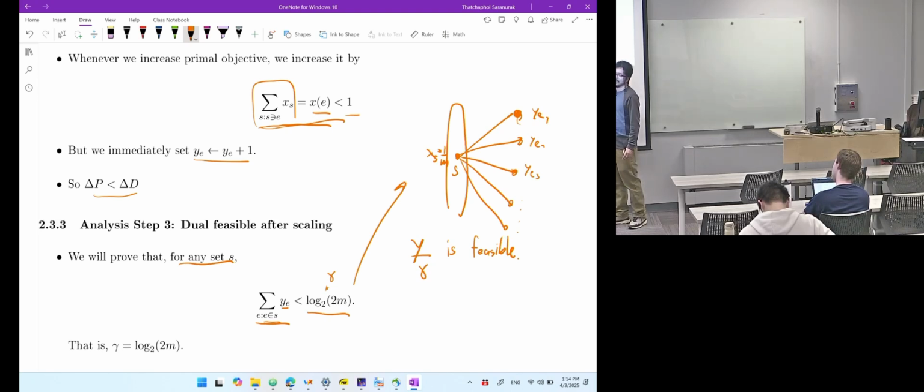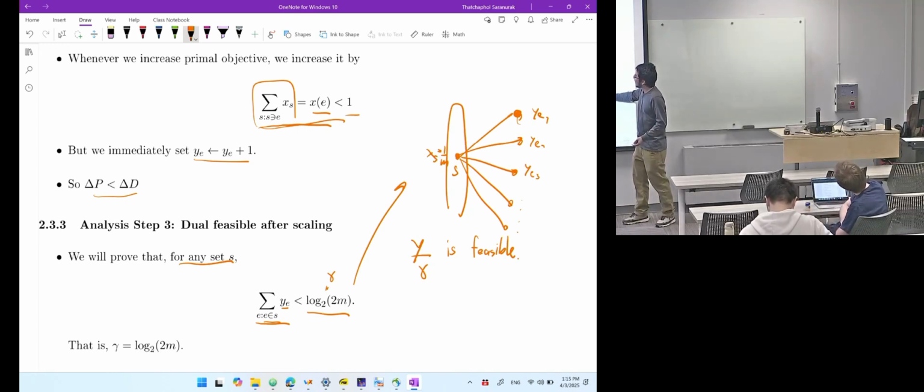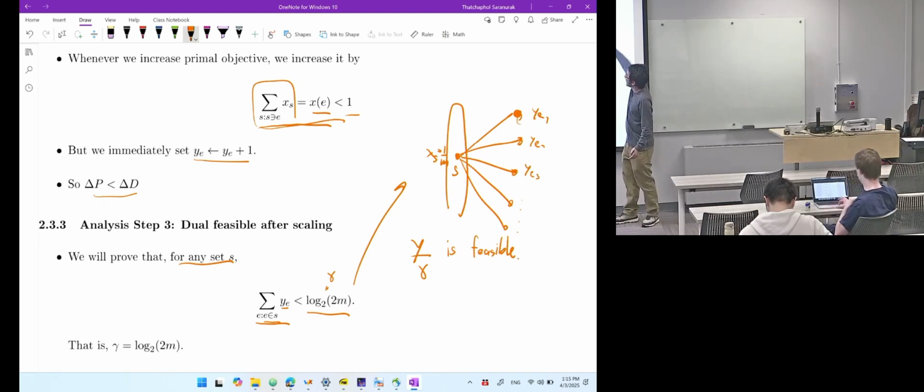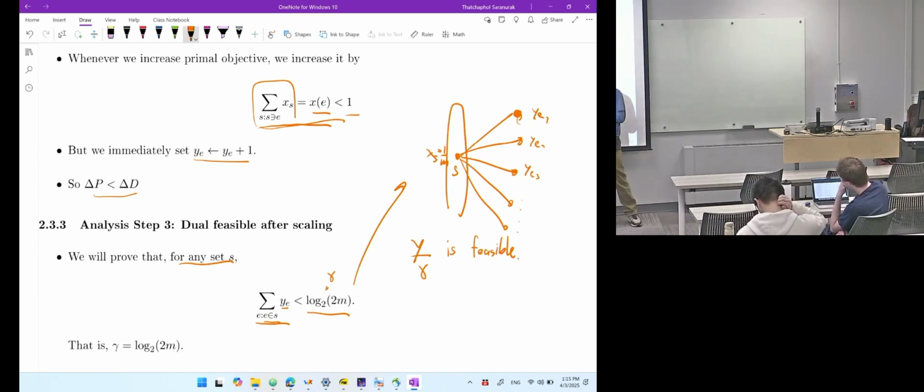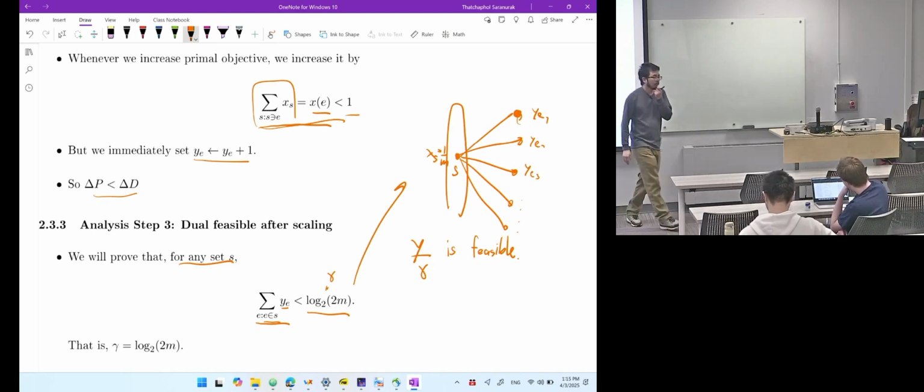But once this is 1, will it ever be doubled again? No, right? Once this is more than 1, then when new elements come, the element that is in the set will be covered completely, so it will not be doubled again. So the sum of this thing that counts the number of times of doubling is just going to be log m. So you get this. Make sense? Okay.